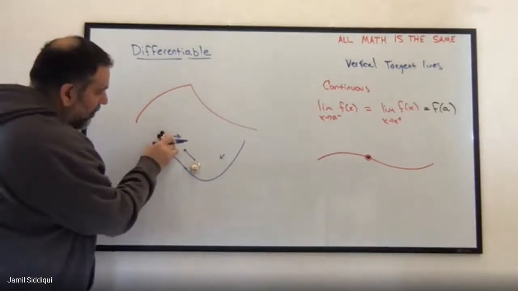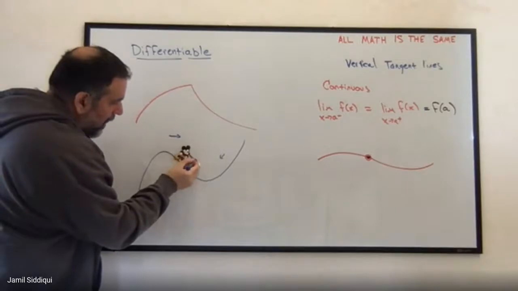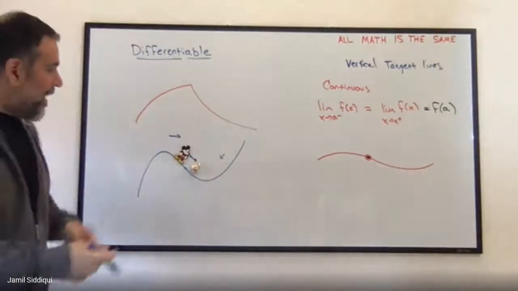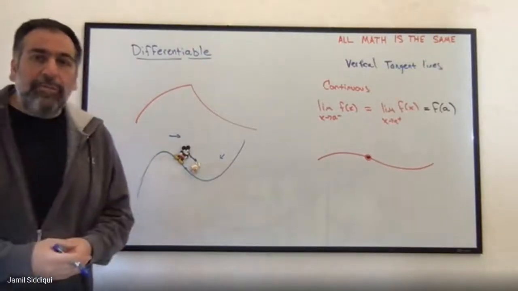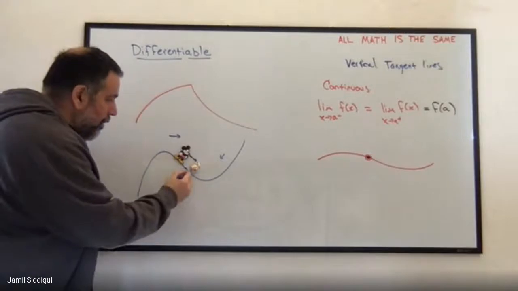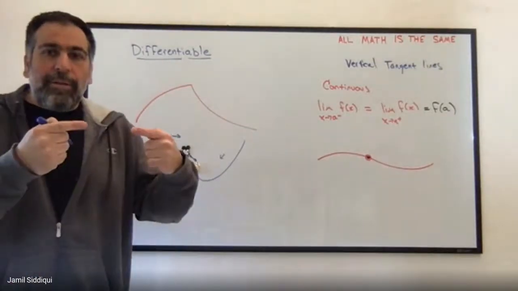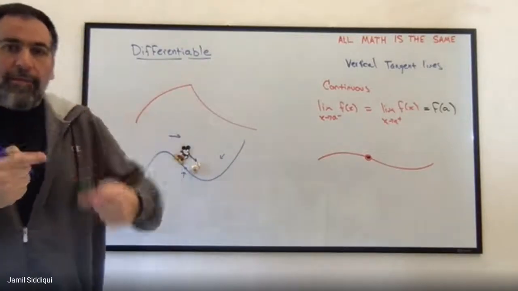When Mickey gets to that value, he's looking right back at BB-8. What that means is they are looking in the same direction. That is the equivalent of saying that tangent lines are going to have the same slope as we approach this point right here. This is the key to differentiability, making sure that your tangent line slopes agree as they come from the left and as they come from the right.